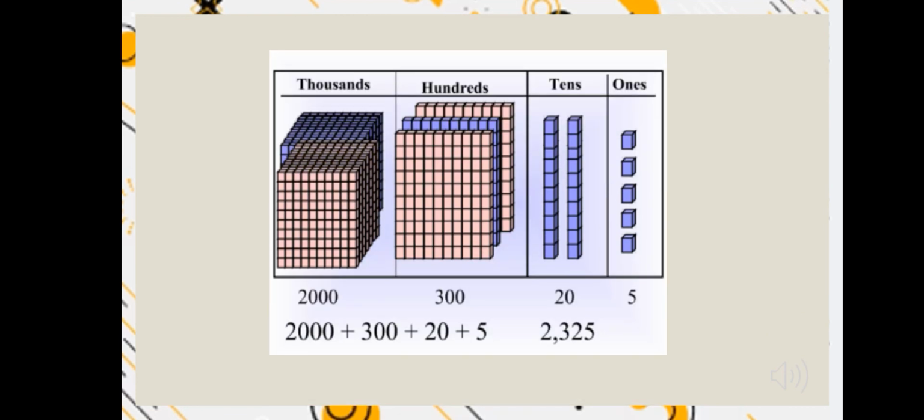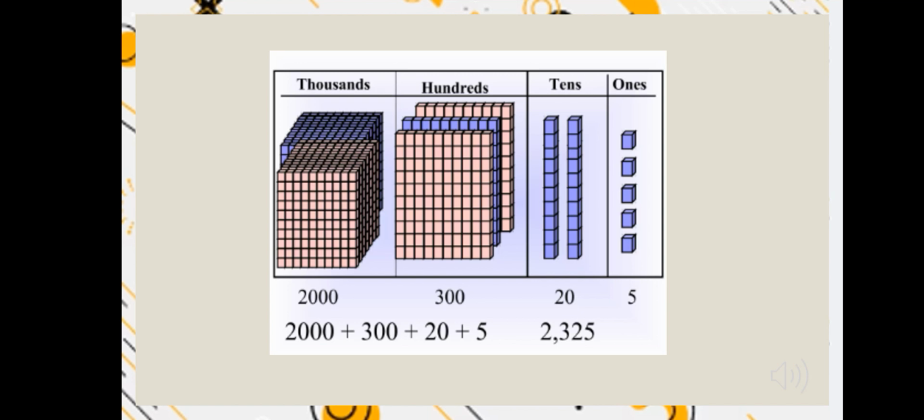Similarly, when we see this picture, in the column of ones, you can count the cubes, which are 5. In the column of tens, you can count the cubes, which are equal to 20. In the column of hundreds, we know that one big square is equal to 100 blocks. So 3 big squares are going to be equal to 300 blocks. In the column of thousands, we know that one huge big cube is equal to 1000 blocks.